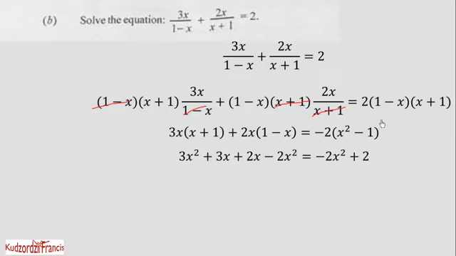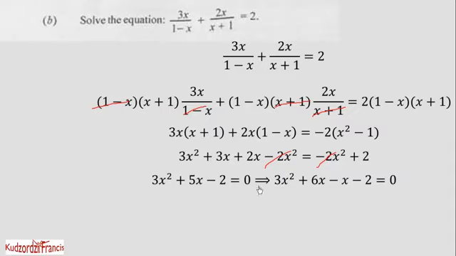Then we have, this time I factored -1 out of this. I will get x minus 1, x plus 1, which is like a difference of two squares, which is x squared minus 1. Then you expand to get -2x squared plus 2. So this will get rid of this. Then the next thing we do is to group like terms and write in standard quadratic form to get 3x squared plus 5x minus 2, which is equal to 0.